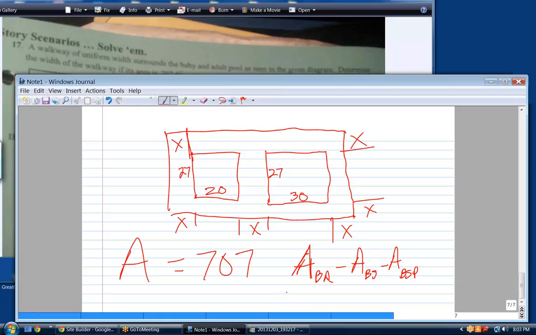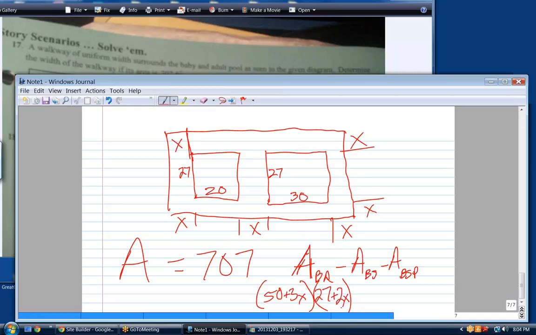Is it 3x plus this? So it's 50 plus 3x times what? 27 plus 2x.